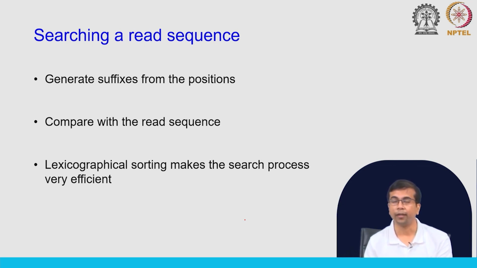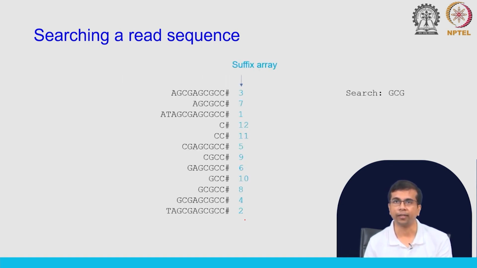So, again let us take an example, and that will be much easier to understand. Let us take this read GCG. We have taken this example in the case of the suffix tree also, and let us see how we can find this GCG here. So, how do you actually search?